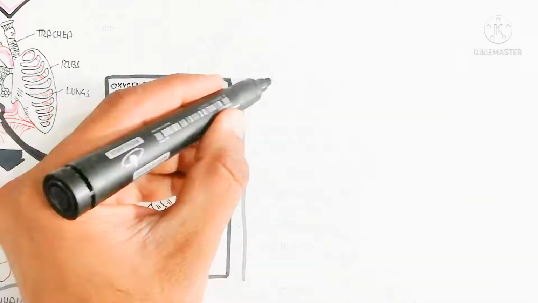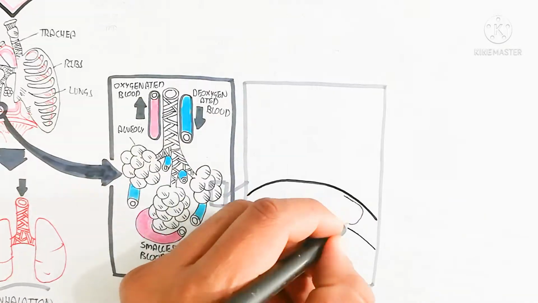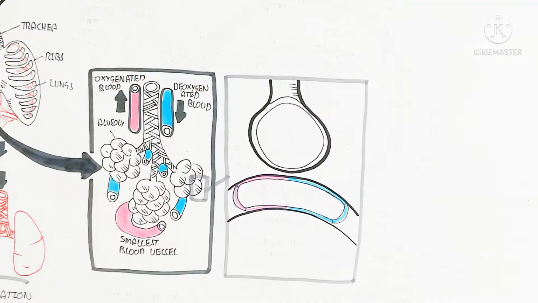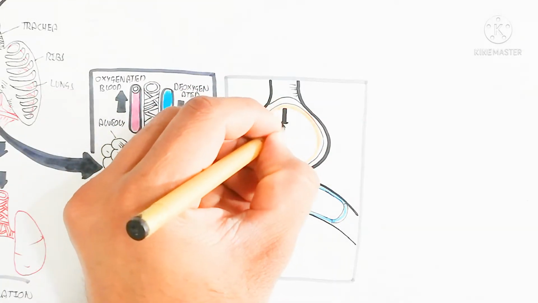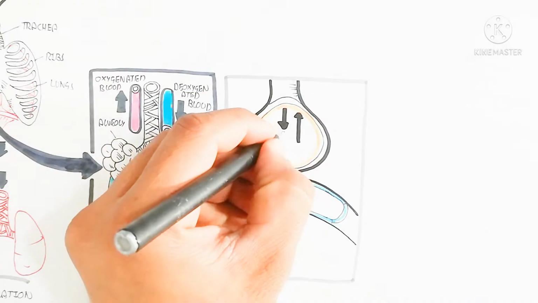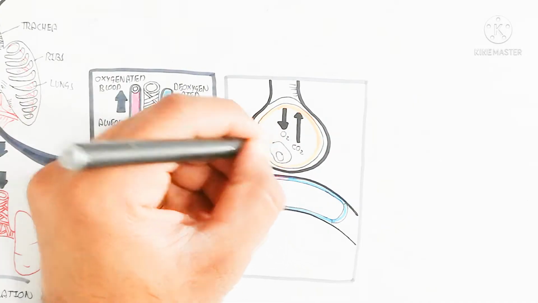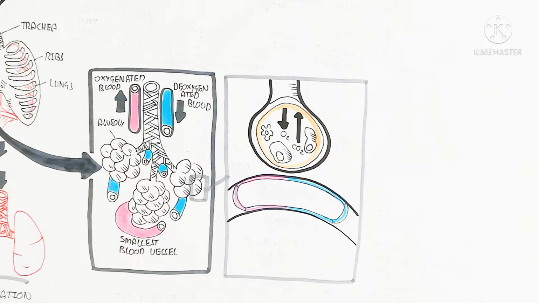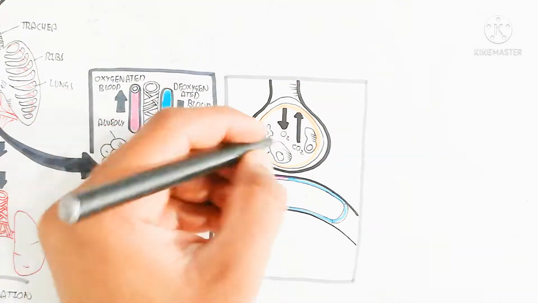move toward the heart, while the deoxygenated blood will circulate, and the alveolar sac, with the smallest blood vessels, will exchange the gases. Here you can see the oxygen and carbon dioxide exchange, and this is the dendritic cell and macrophage.